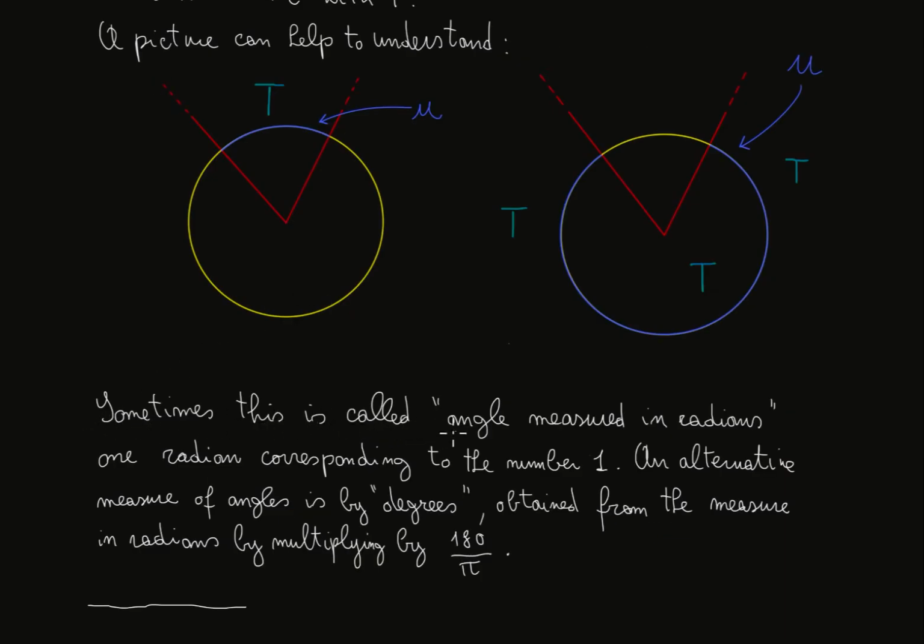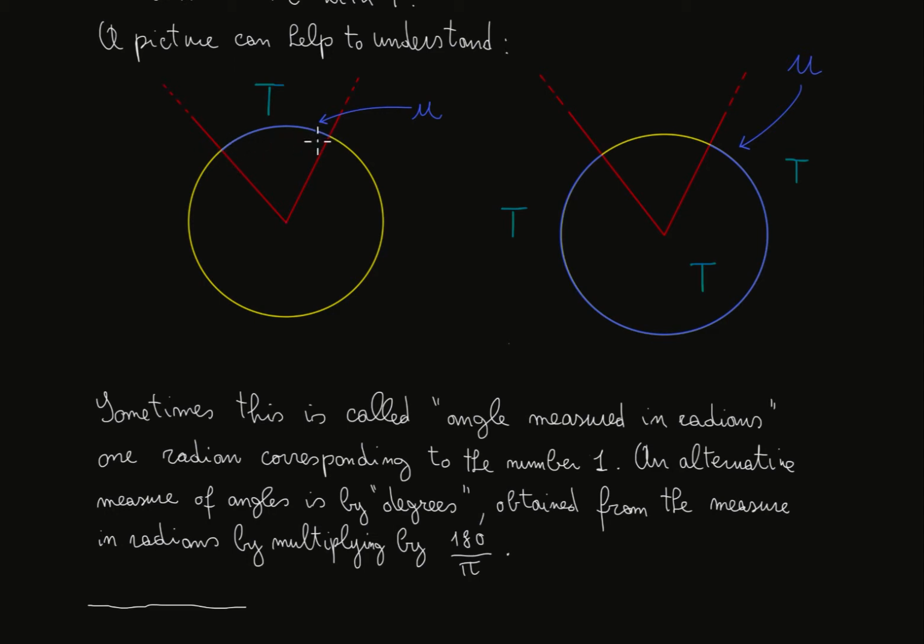Sometimes this is called the angle measured in radians, 1 radian corresponding to the number 1. If we take the length of these arcs, whether it be this one or this one, assuming that the unit of measure is the 1, referring to 1 as the radius of the circumference, we will of course know that the length of the entire circumference is 2 pi, and 2 pi is 6.28 and counting.